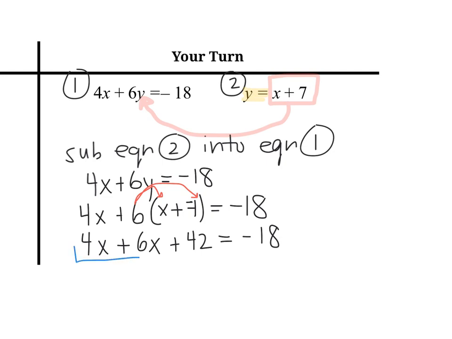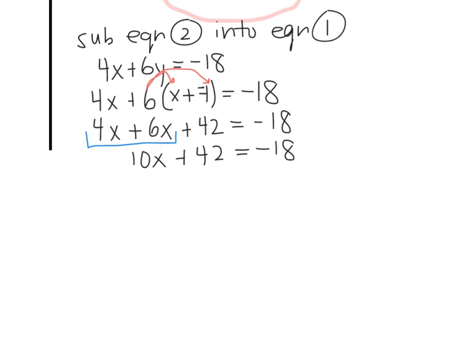So I have some like terms here with my 4x and my 6x. So I'm going to put them together. That's going to give me 10x. And then I'm going to recopy the rest. Okay, I see that I can take my positive 42 and bring that over to the right-hand side to collect those like terms.